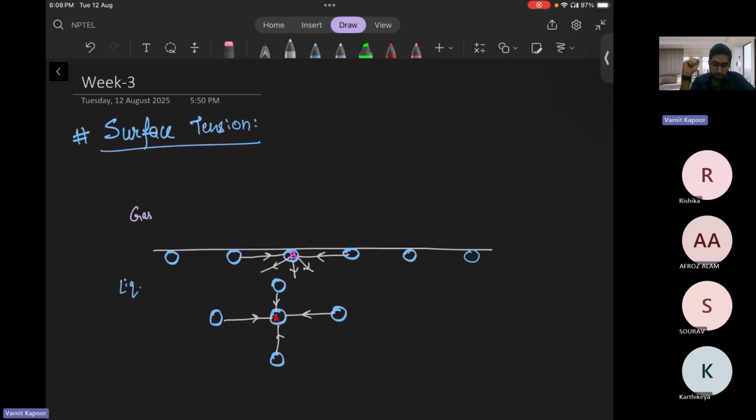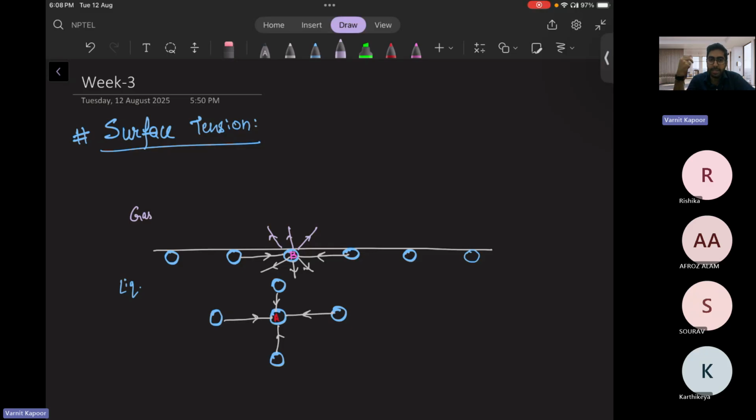Okay. So what does it mean? There are cohesion forces, or intermolecular forces, between the liquid particles, but there is an unbalanced force which is acting because the gas particles are trying to attract, or pull, the liquid particle B towards themselves.